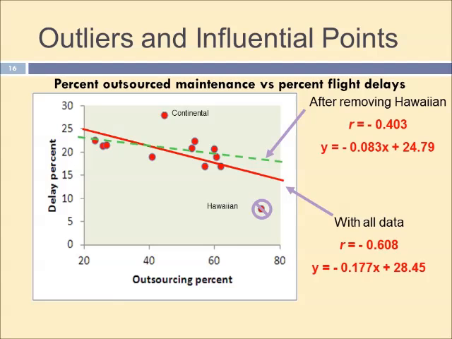If we eliminate the data point for Hawaiian Airlines, notice the r value, the correlation coefficient, changes quite a bit. Now it's -0.4, not nearly as strong. And the equation of the regression line changes as well. This might be considered an influential point, an outlier.